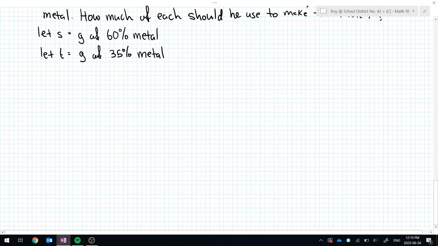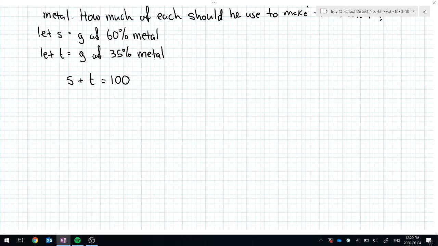So if S is the grams of the 60% and T is the grams of the 35%, well, that just means S plus T has to equal 100. All right, that means the grams of the S metal and the grams of the T metal have to add to 100. Okay.